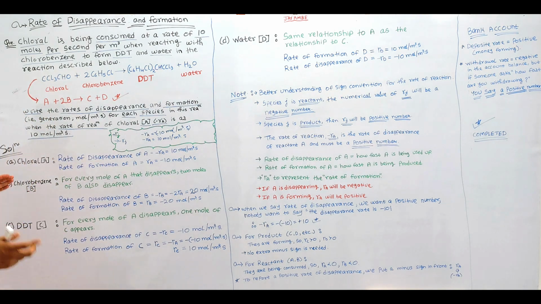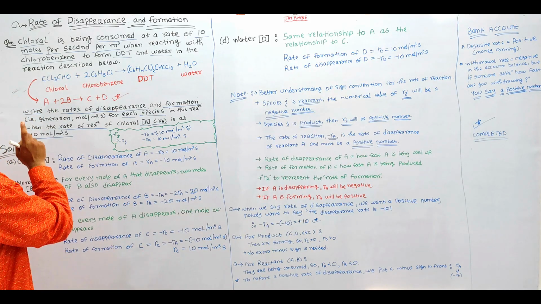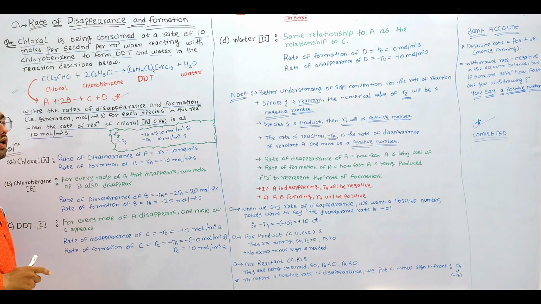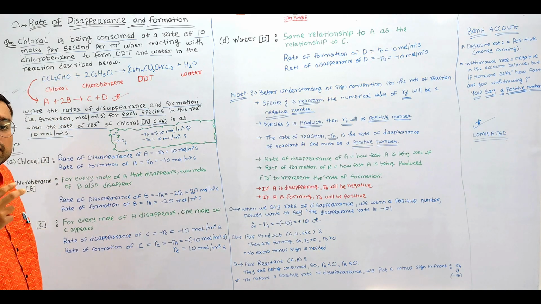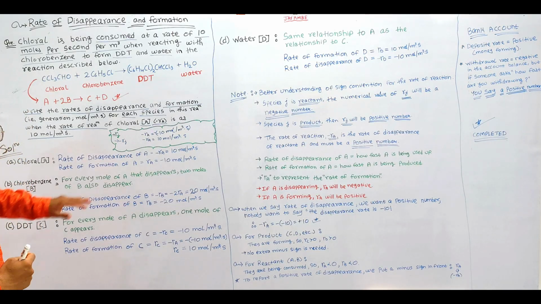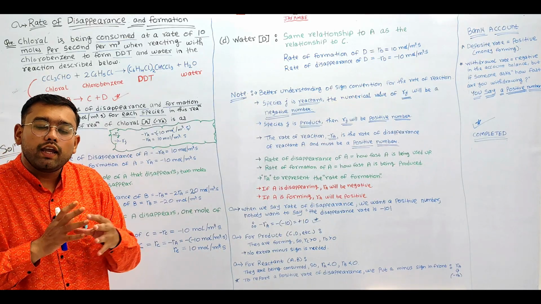Now let's come to the second species, which is chlorobenzene. So chlorobenzene is B. Based on the stoichiometric equation, we can understand that for every 1 mole of A that reacts, 2 moles of B react, which means twice the rate of A. As per the question, we have 10 moles of A reacting.